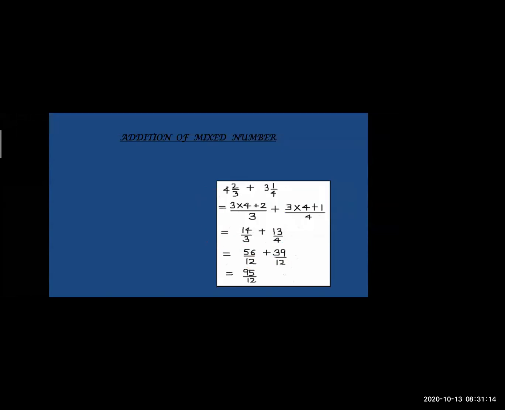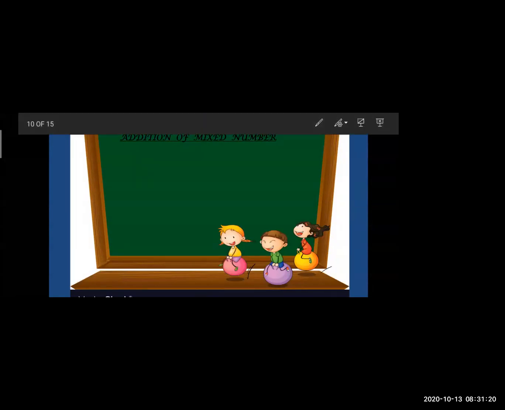So just see how to make the denominators same. See, here comes our green board we have over here. Okay, so I would love to give you a sum. 4 1/2 plus 3 5/1. Okay, this is our sum.